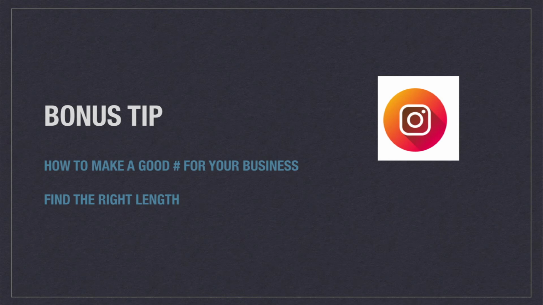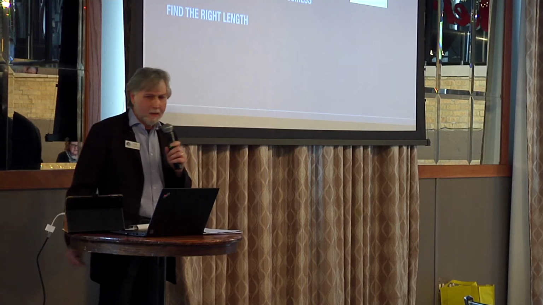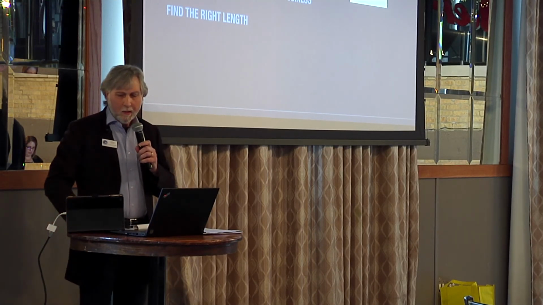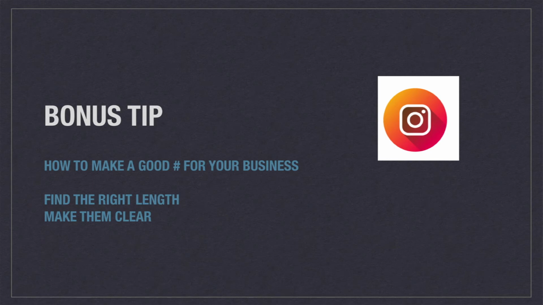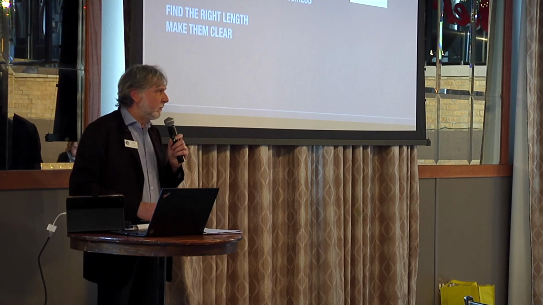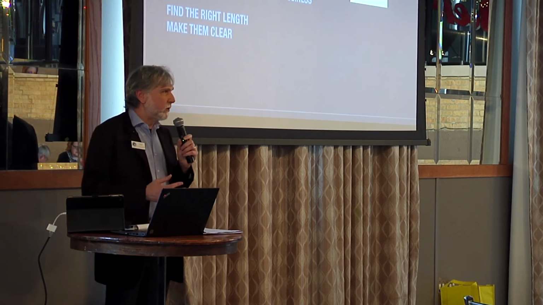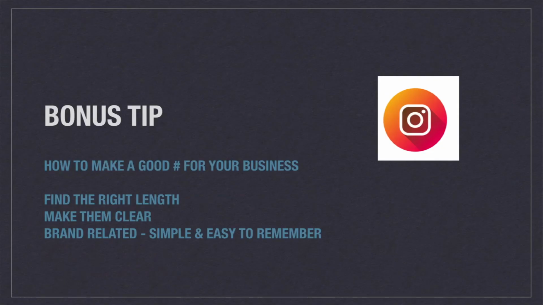So what are some bonus tips? How do you make a good hashtag for your business? Find the right length. Shorter is easier to type in. Make it clear, so that if you type in something like Joe's, people don't know what you're talking about, as opposed to Joe's Pizza. And brand related, easy to search, easier to remember.